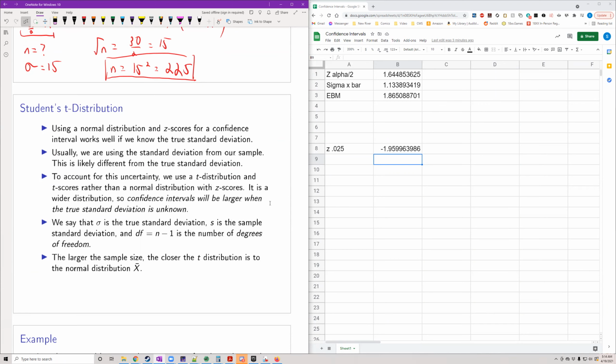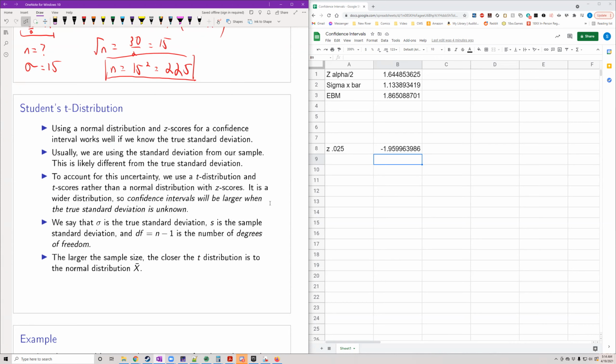And using the z-score to approximate the number of standard deviations we go out only works well if we're confident that our standard deviation is right. If we don't actually know that our standard deviation is right, using a z-score doesn't really make a whole lot of sense. And so we're going to use something called a t-score.